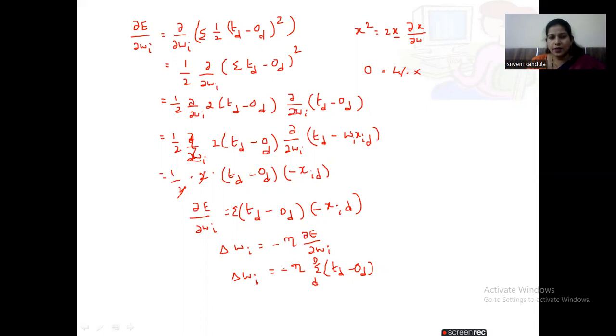Minus and minus become plus, so I write Xi. This is the final equation of ΔWi that we have obtained. We add this to the original weight when updating the weight, that is, Wi equals Wi plus ΔWi. In place of ΔWi we compute this whole value and add it there. This is how a particular weight gets modified with respect to the input value.